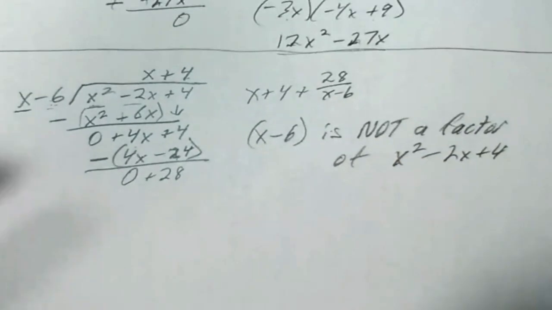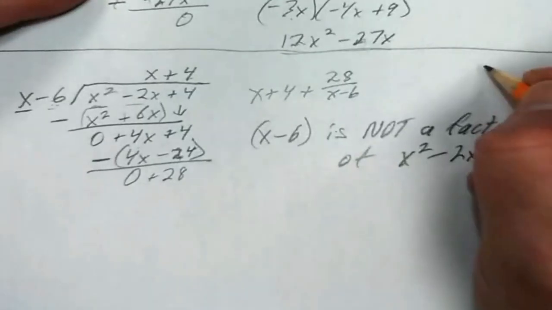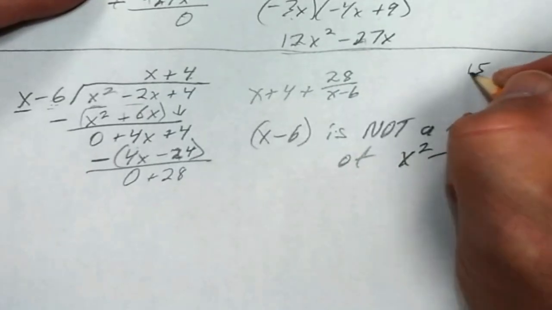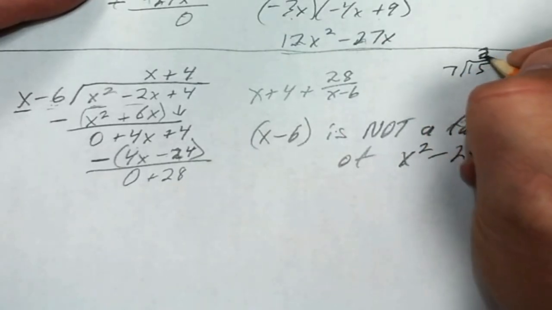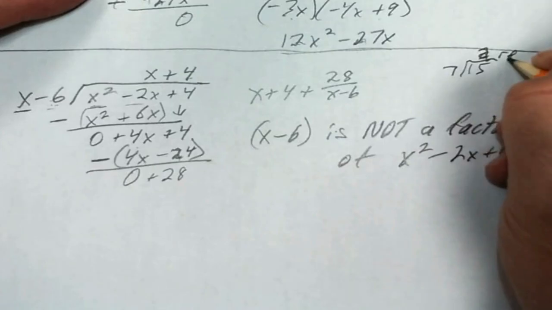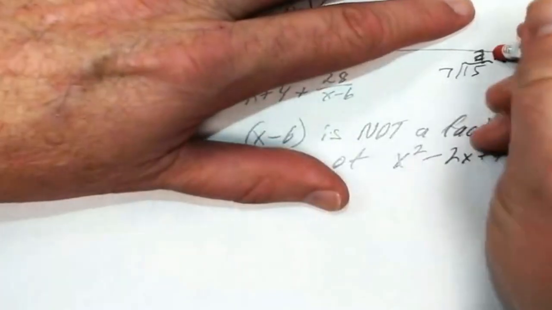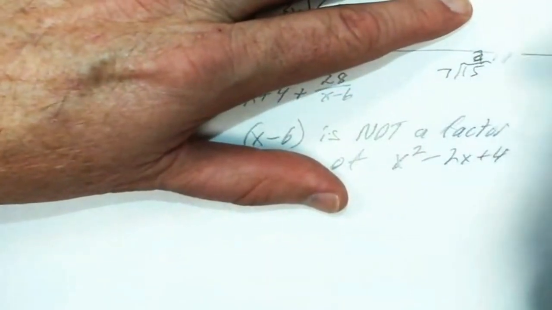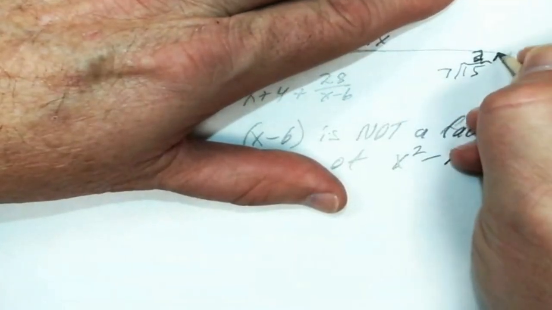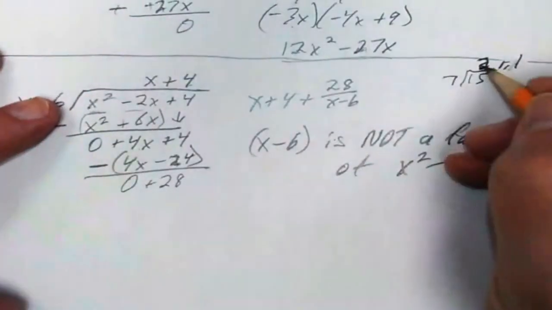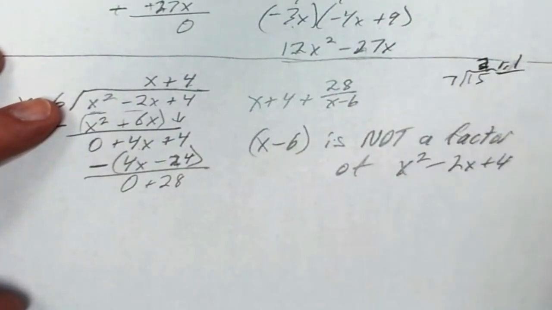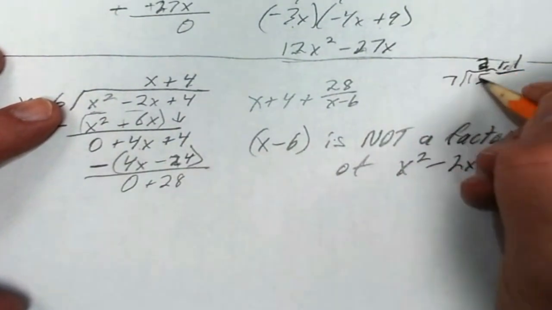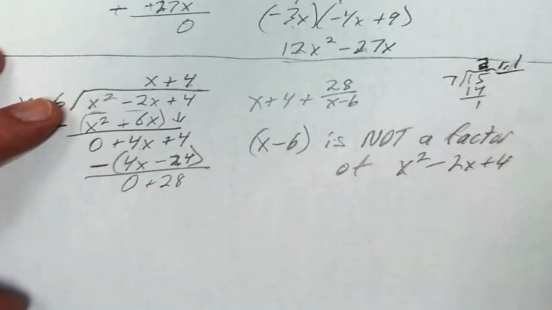For the same reason that when we take 15 and divide it by 7, we get 2 with a remainder of 1, right? Because 7 is not a factor of 15. Because 2 times 7 is 14, and we have a remainder of 1.